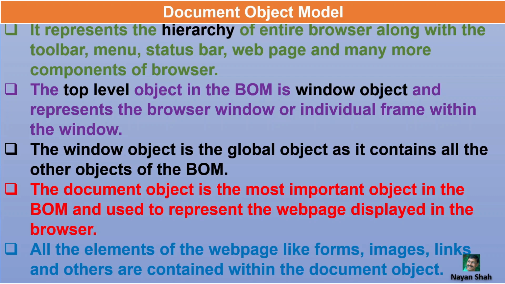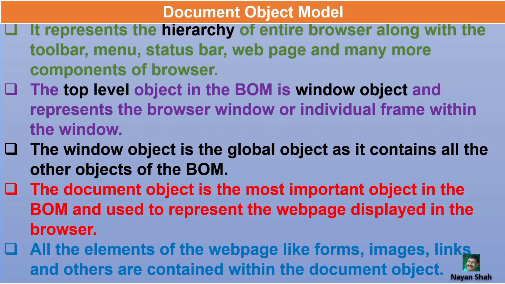All the elements of the web page, like form, images, link, table, everything which is displayed on the web page, are contained within the document object. So whenever you want to refer to something on a web page, you must begin from the document object.